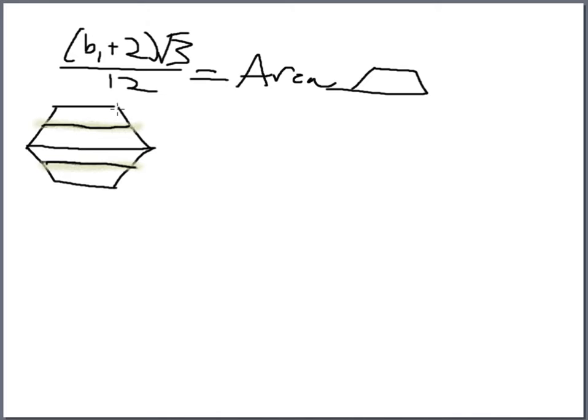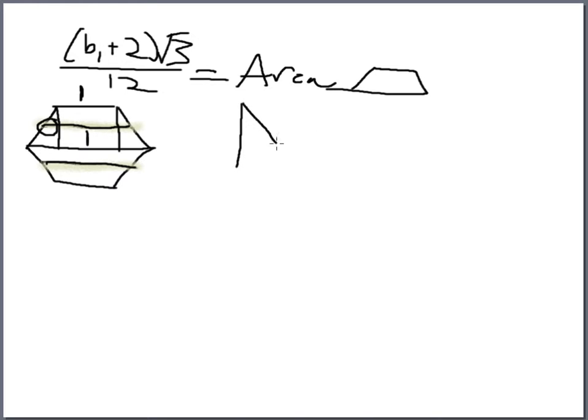So what we're going to do is conduct similar triangles. So what we can do is slice this. And we know that this side length is 1 and this side length is 1. So we can just conduct similar triangles and find this base right over here.